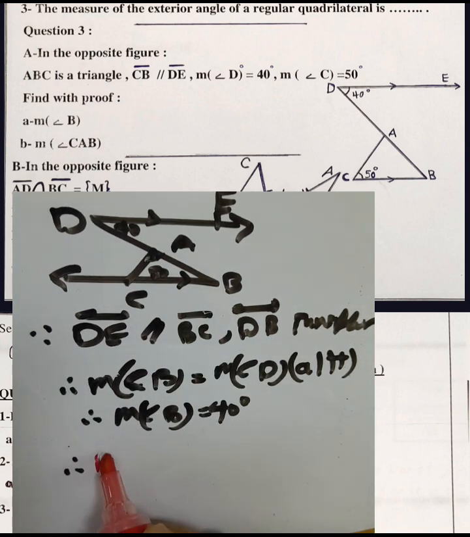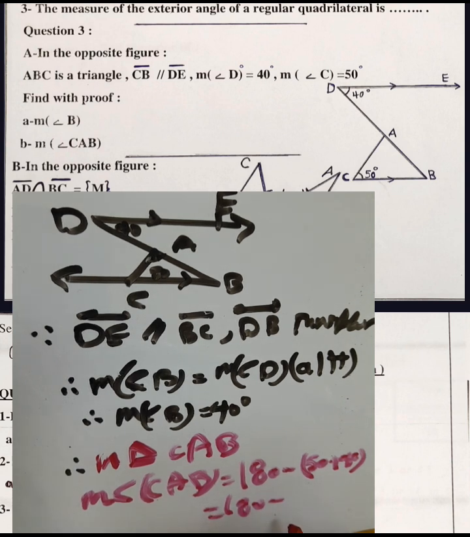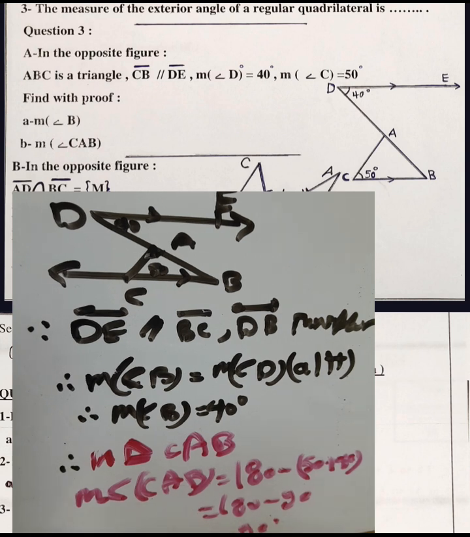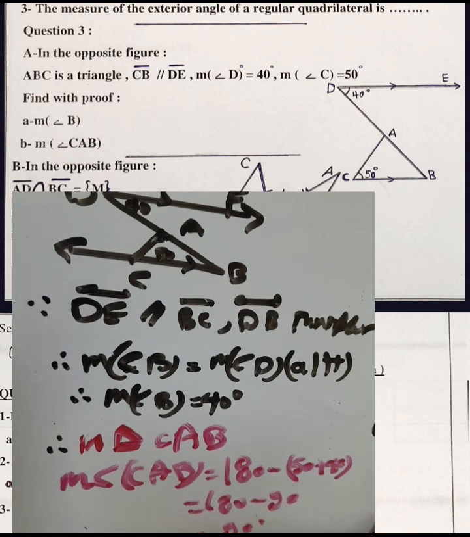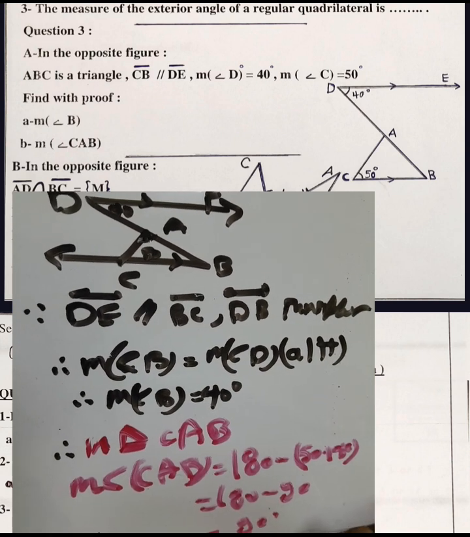Then in triangle CAB, the measure of angle CAB equals 180 minus the sum of 50 plus 40. 50 plus 40 will be 90. The difference will be 90 degrees. Then the measure of angle A, or CAB, will be 90 degrees.